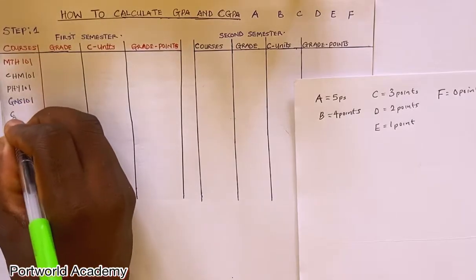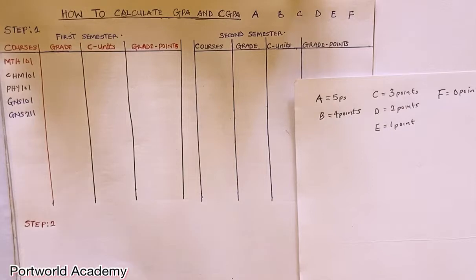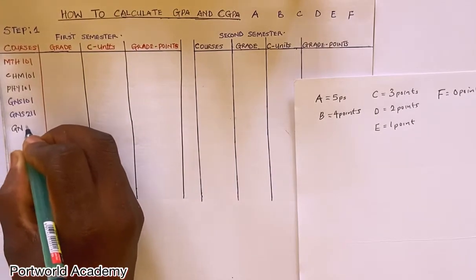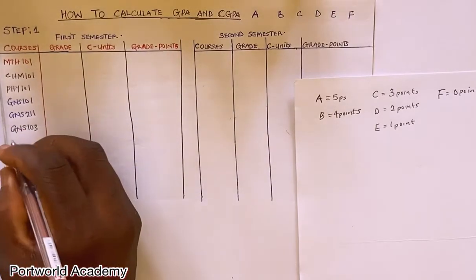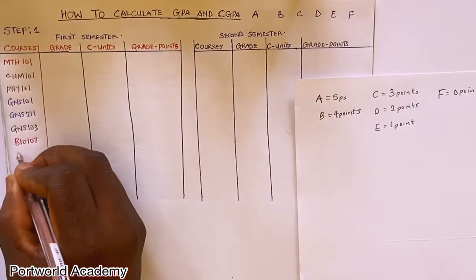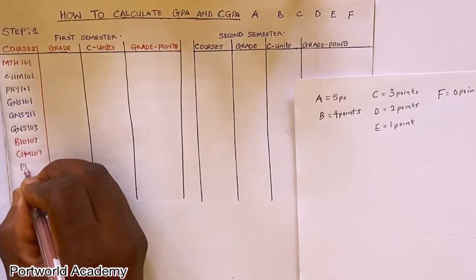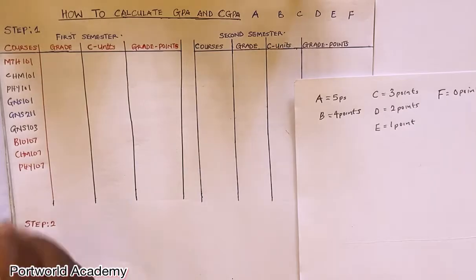Then you have GNS 211, which is French. He's also offering GNS 103, which is use of library here in Osun. Then let's say he's offering Bio 107, which is practical. CHM 107 is also practical. Then you have Physics 107, which is also practical. Let's say this is all the courses that this student is offering.